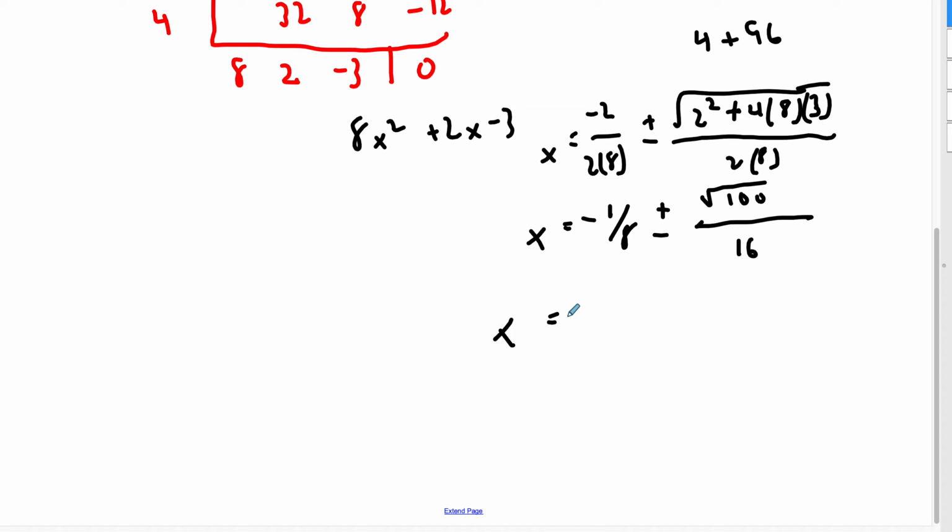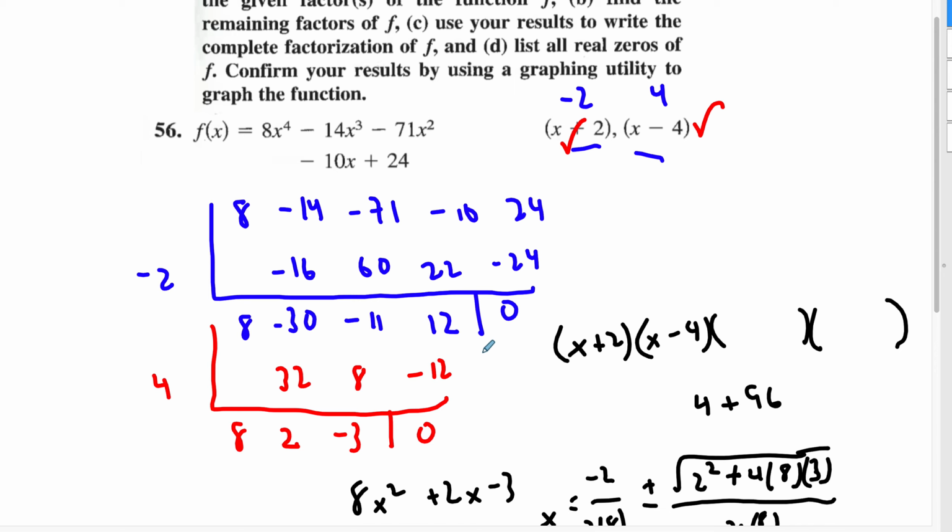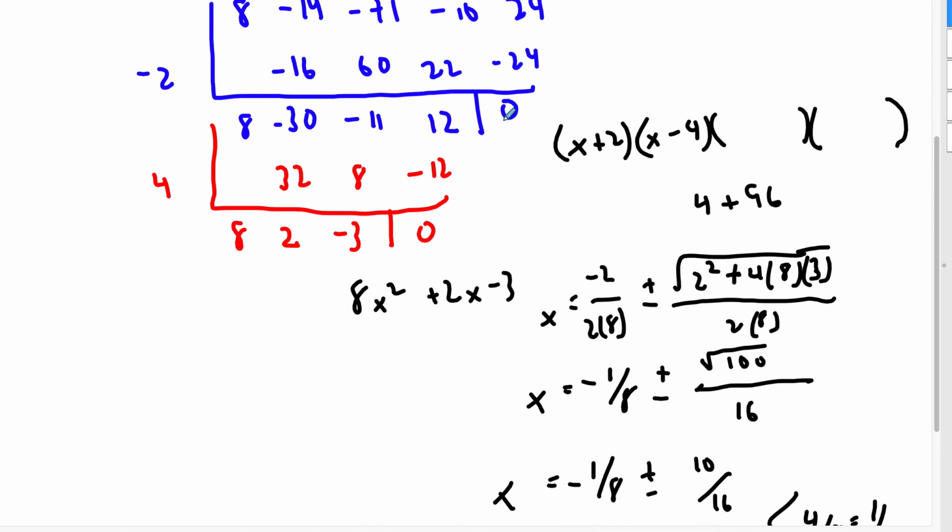So that means x equals negative 1/8 plus or minus 10/16, or negative 1/8 plus or minus 5/8, which means we're looking at 2 roots. One, negative 1 plus 5, 4/8, or 1/2, and negative 1 minus 5, negative 6/8, or negative 3/4.